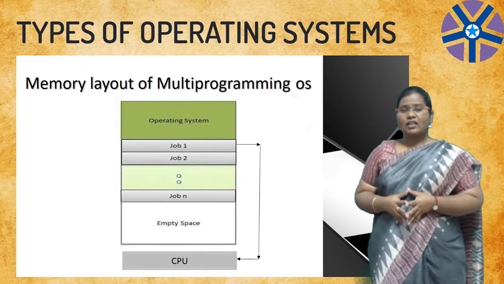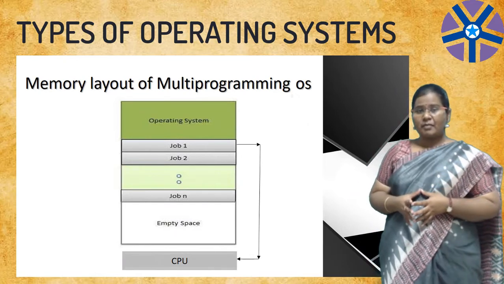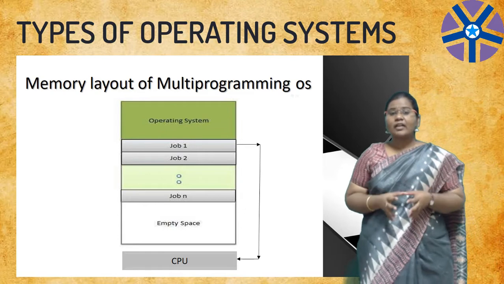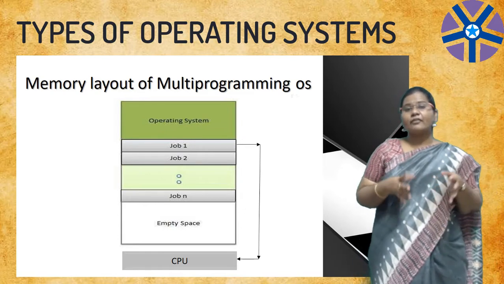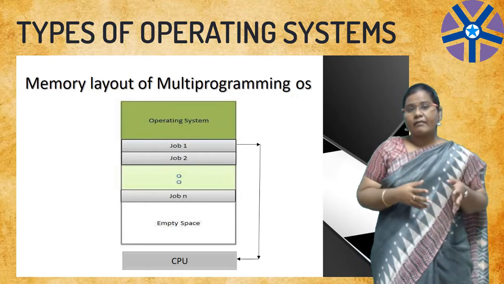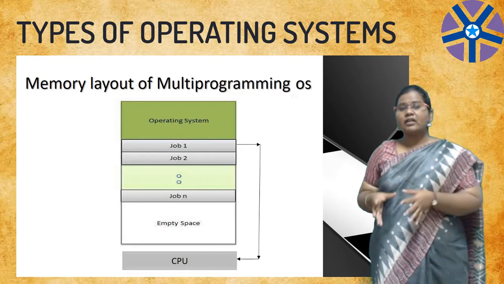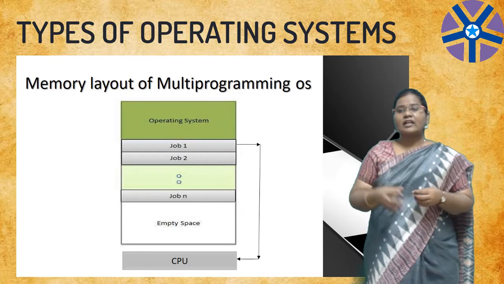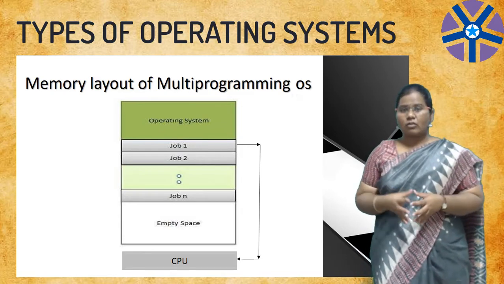Next, if you see the layout of the main memory, as we have discussed, the operating system is the only program which is run right from the power on time of the system to the shutdown time. That is, the operating system keeps on running until the system is on.